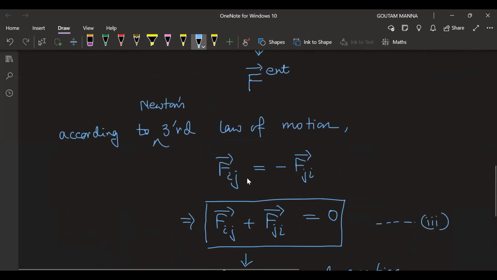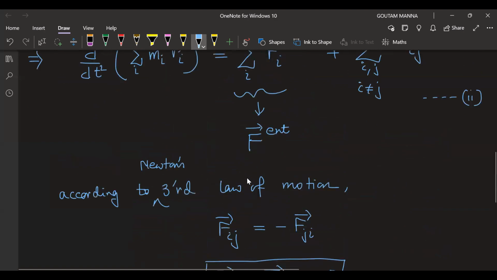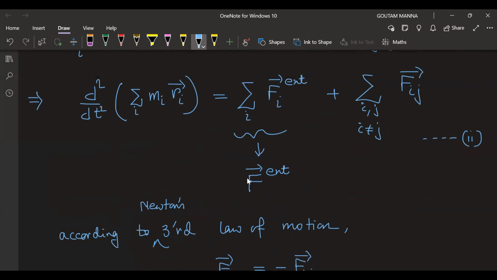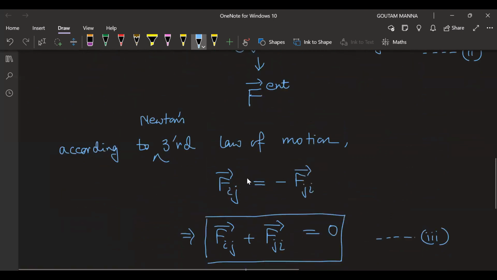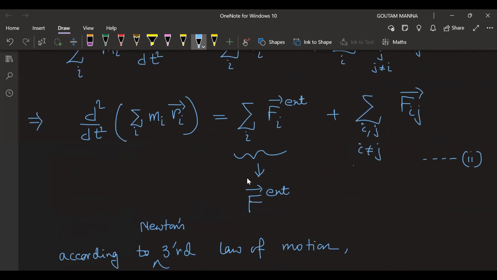That means all the summation will be 0, because for each fij there will be an fji, because i and j will run from 1 to n, if you have n particles. So for each ij we can have fji added to that, and we can make this summation 0. Okay.